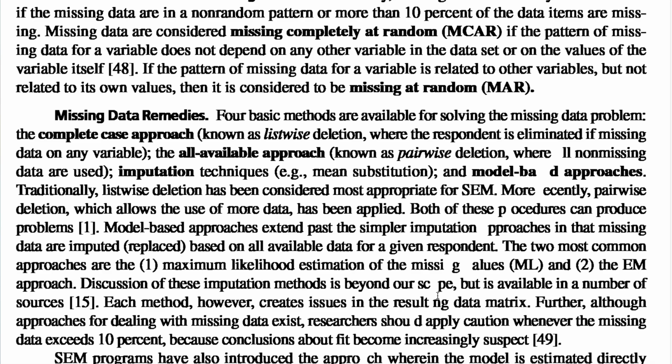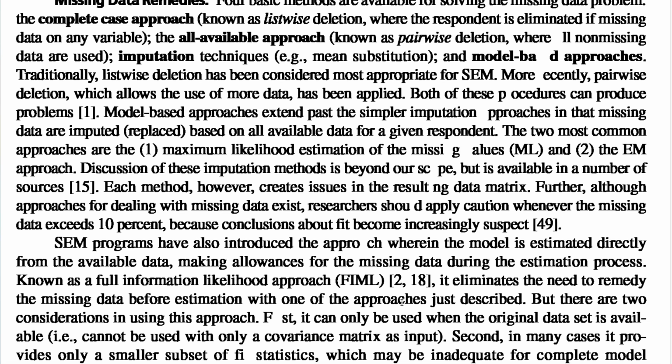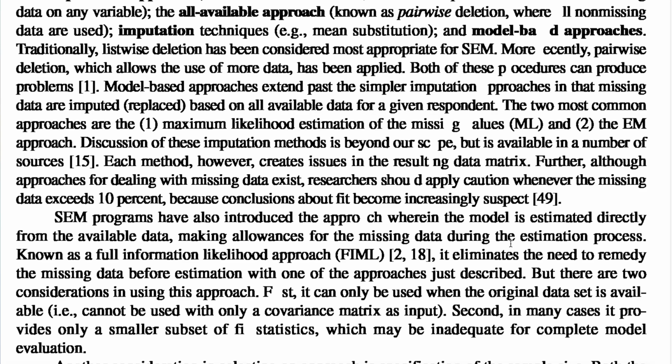Discussion of these imputation methods is beyond our scope, but guidance is available, and a number of approaches for dealing with missing data exist. Researchers should apply caution whenever the missing data exceeds 10% because conclusions about fit become increasingly suspect.